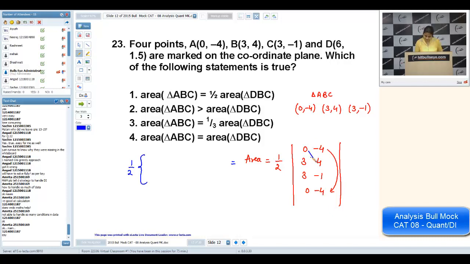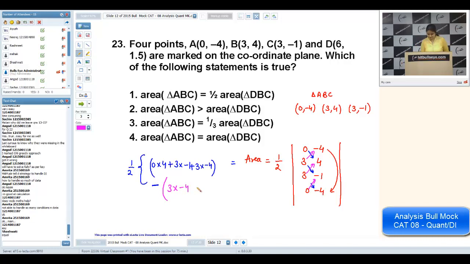Now multiply these things. The blue arrows: it will be 0 into 4 plus 3 into minus 1 plus 3 into minus 4, minus. Now the pink ones, we will multiply. It will be 3 into minus 4 plus 3 into 4 plus 0 into minus 1.